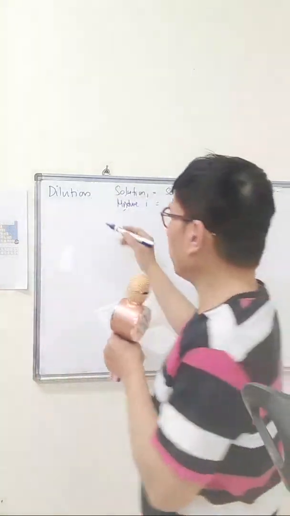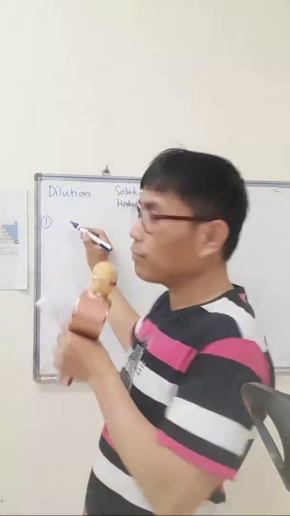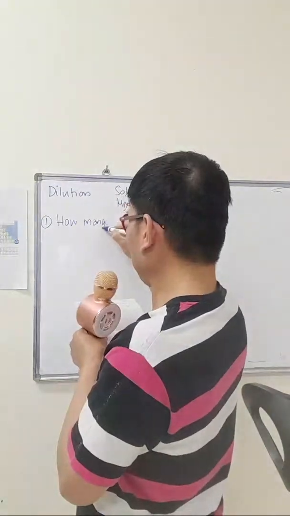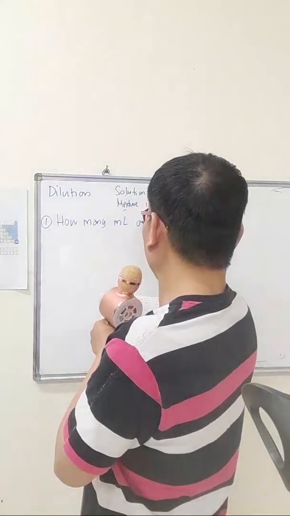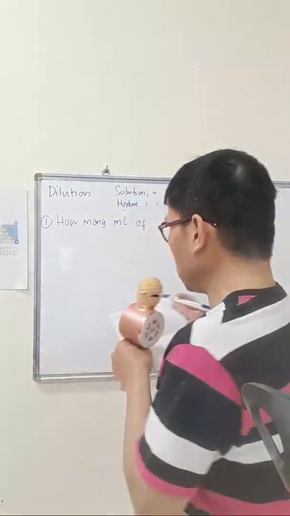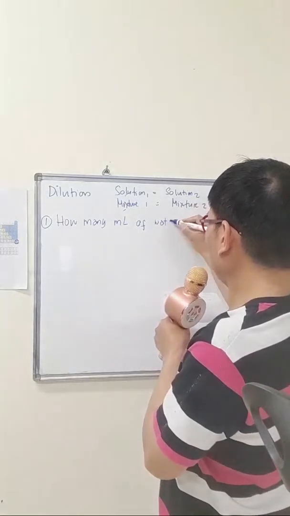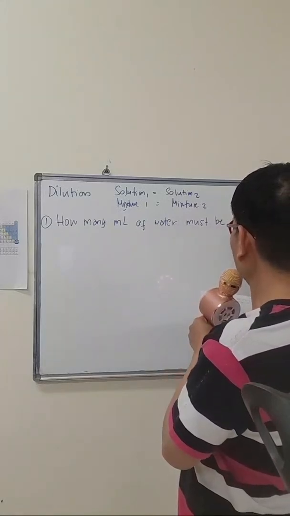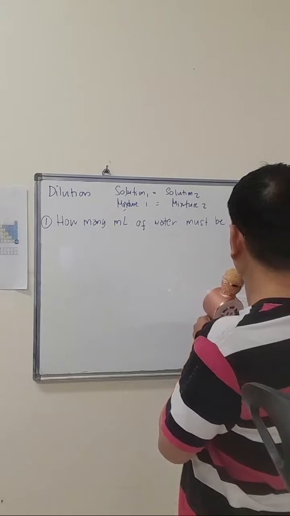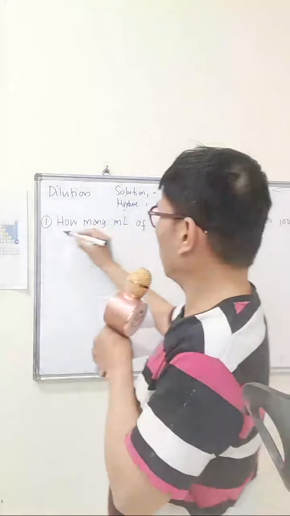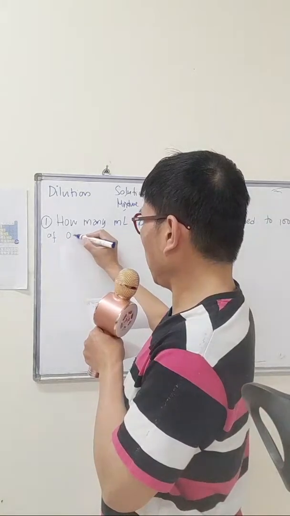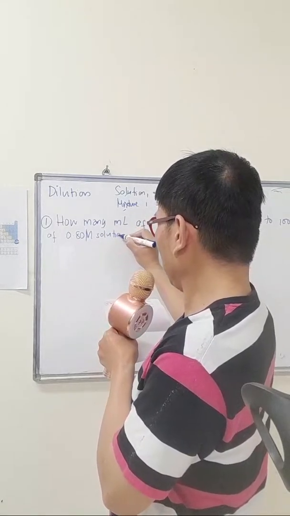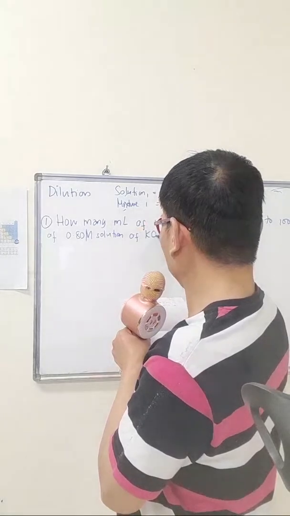So here is how many milliliters of water? Oh, we are very lucky because it's water only. Must be added to 100 ml of 0.80 molar solution of potassium hydroxide.